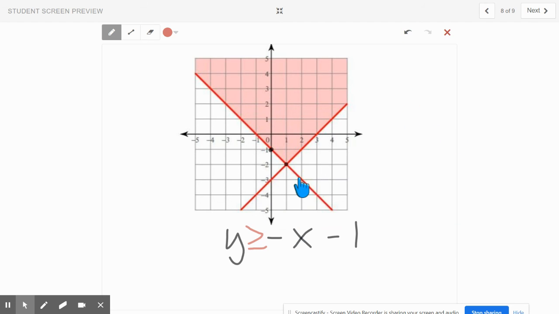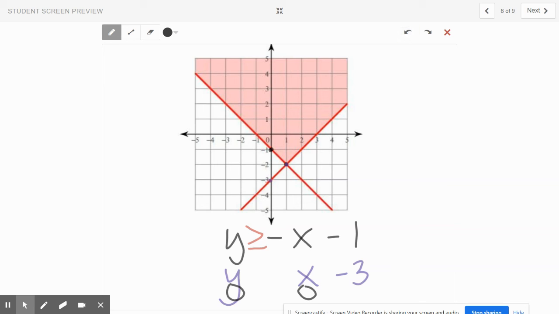And then what about the next one? Let's find other points. There's a point. There's a point, right? So I know right away it's going to be y, and then negative 3 is over here. Up 1 over 1 is just going to be x. And let's try our 0, 0 one more time. If 0 is here and 0 is here, it would be 0 and negative 3, right?